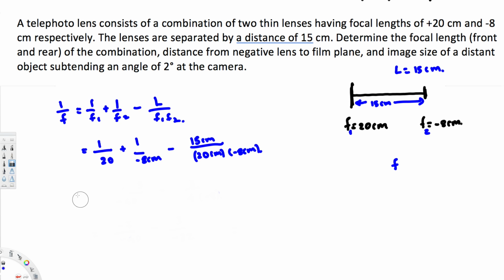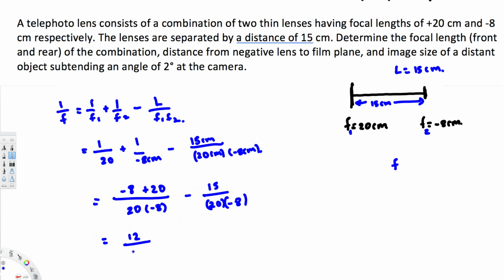So let's do the calculation again. If I keep 20 times negative 8 as the common denominator, this becomes negative 8, and on this side we have plus 20, minus 15 over 20 times negative 8. In that way we can add them together, right? This becomes 12 over 20 times negative 8 minus 15 over 20 times negative 8, and 12 minus 15 is negative 3.